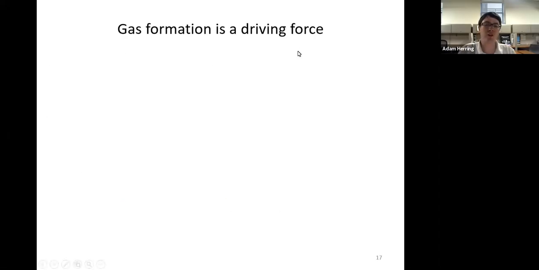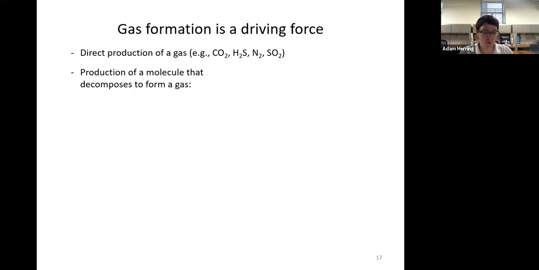The final driving force we're going to talk about today is the formation of a gas. This could produce any number of gases, including carbon dioxide, hydrogen sulfide, nitrogen, and sulfur dioxide. It's going to be a little bit harder to predict on your end whether or not some substances will form a gas as a product, but as you practice this, it becomes easy to identify.